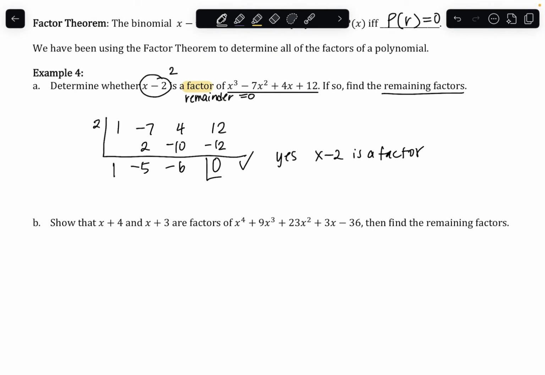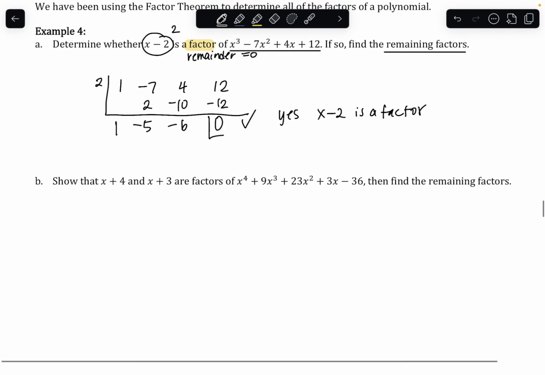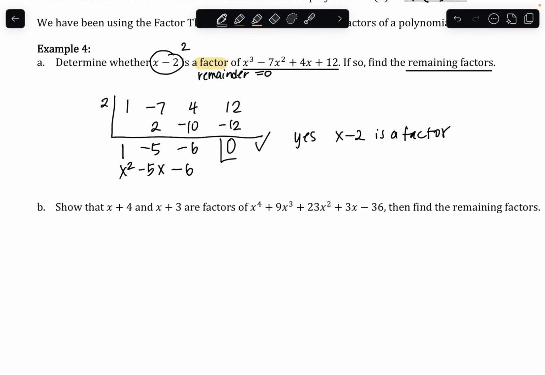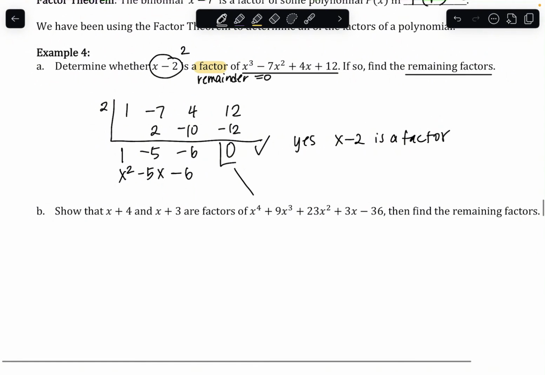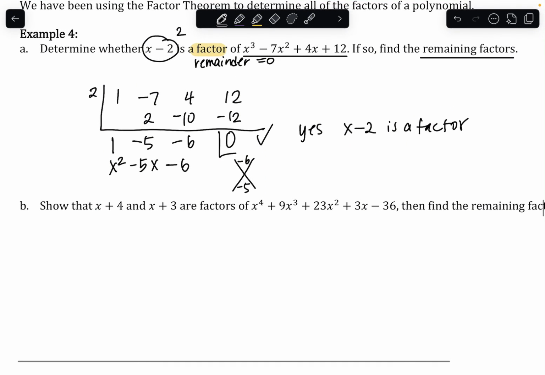And so now to find the remaining factors, remember you drop your degree by 1. So the polynomial I'm left with as the quotient is x squared minus 5x minus 6. That's a quadratic we can factor. We just need two numbers that multiply to negative 6 and add to negative 5. That would be negative 6 and positive 1.